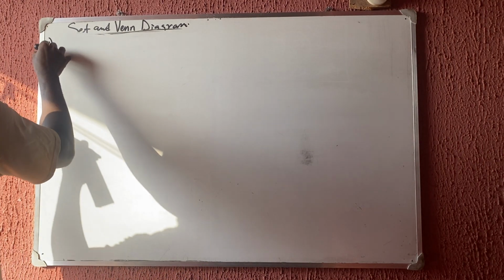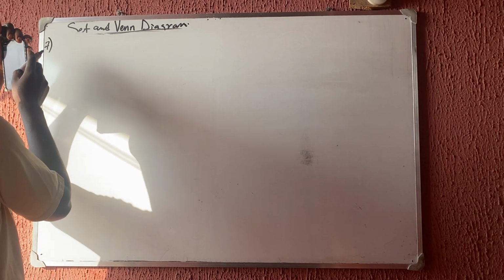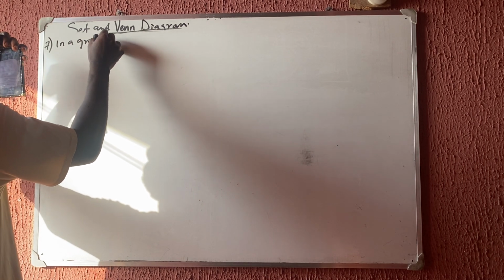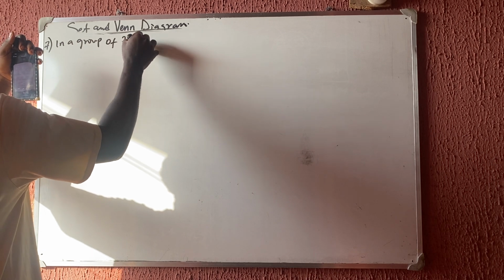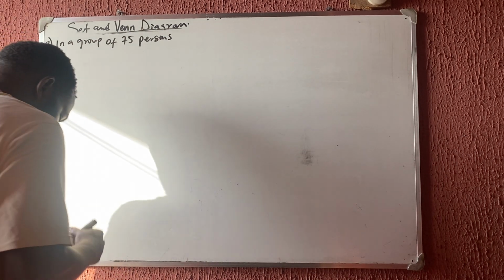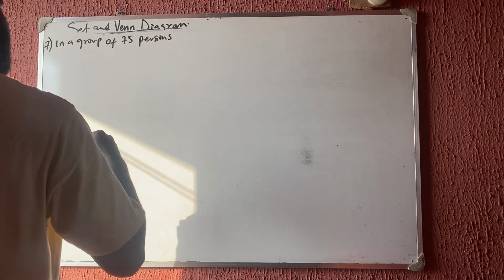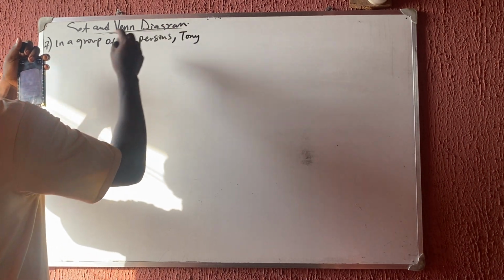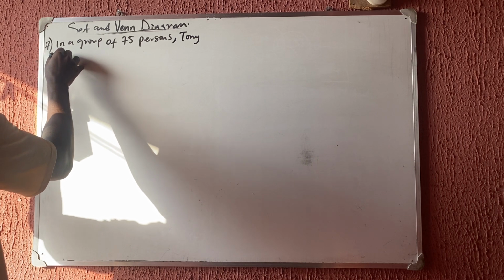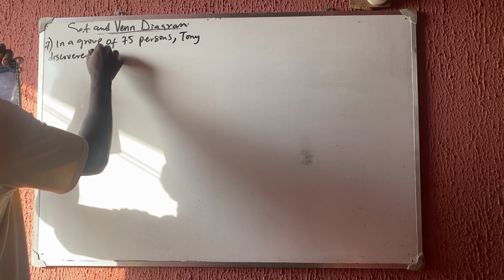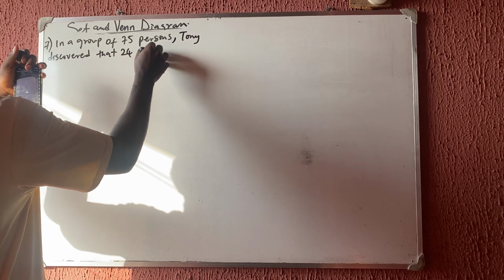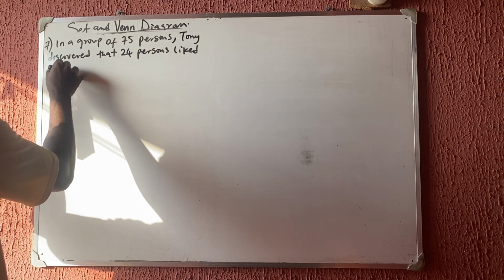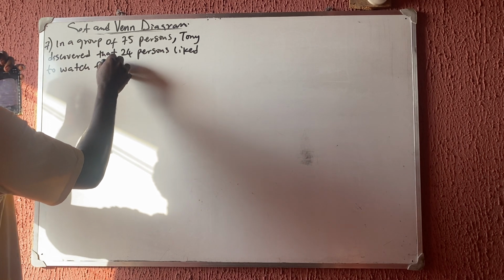So question number 7 said, in a group of 75 persons, Tony discovered that 24 persons liked to watch football.